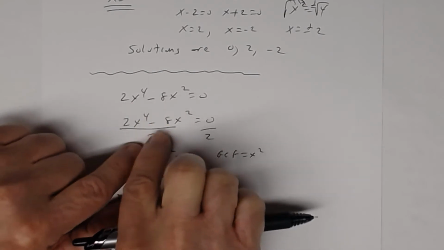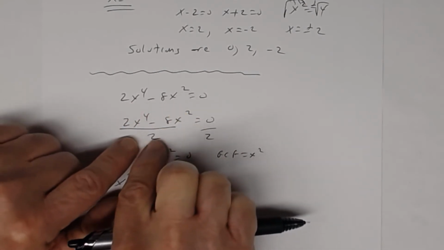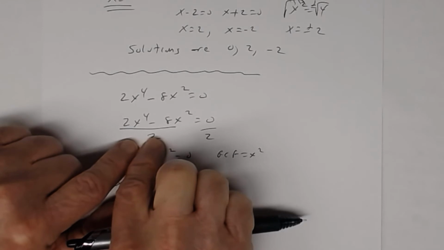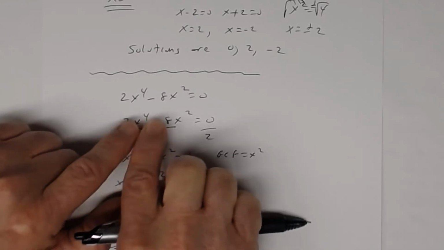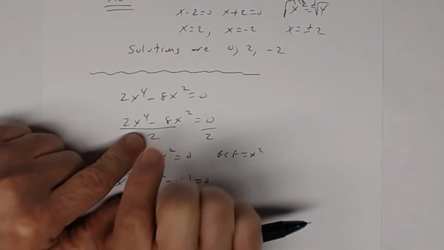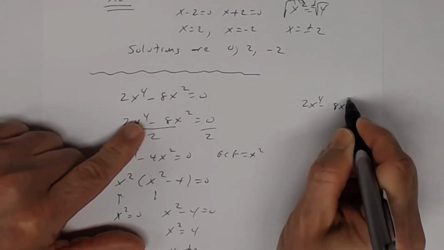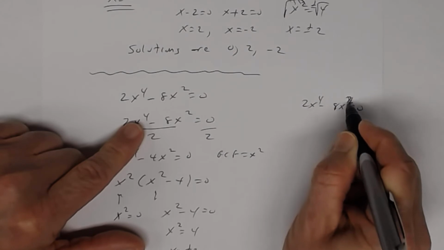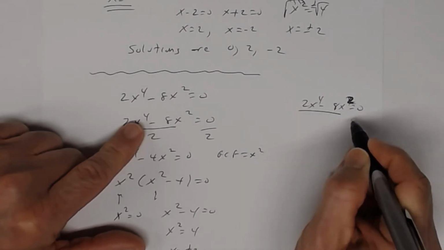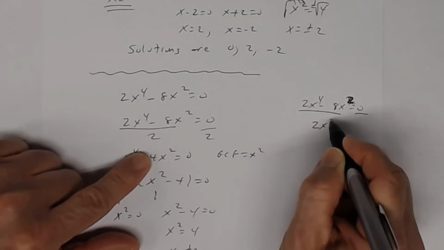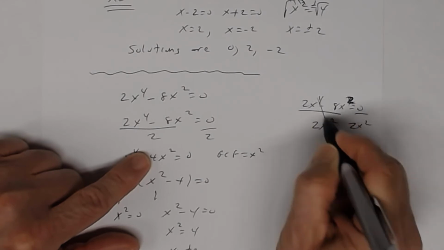Only if you're going to do this, only divide by the common number. Don't ever. I'm going to just say this. Do not. That's a 2 right here. Do not divide both sides by 2x squared. Do not do that.